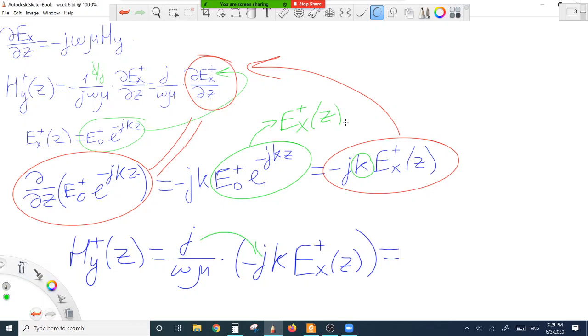Okay, j multiplied by j is minus 1, and minus 1 by minus is plus. And what we have is k over omega mu Ex plus.